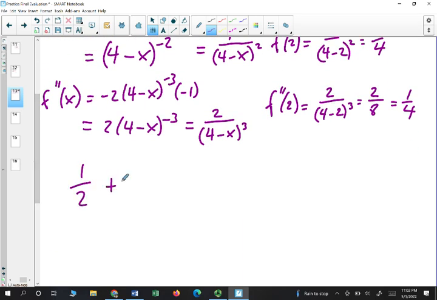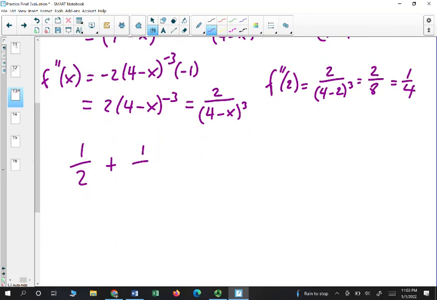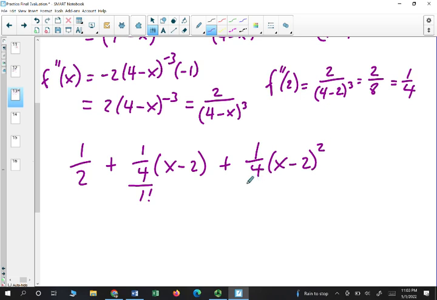We have 1/2 plus 1/4 times x minus 2, and this will be over 1 factorial, plus 1/4 x minus 2 squared, and then this will be over 2 factorial.